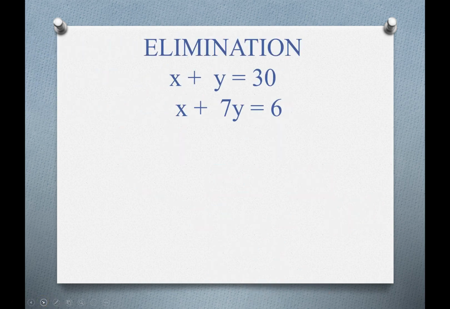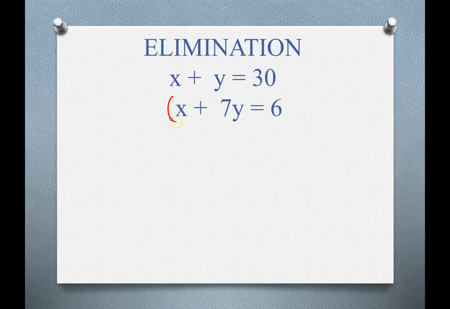Okay, now we're getting a bit harder. If you were to just flat out add these, we don't get anything that cancels. We'd get a 2x plus an 8y equals 36. And that's a problem because we just haven't helped ourselves by eliminating a variable. So in a situation like this, we really want to try to change one equation so that things will cancel.